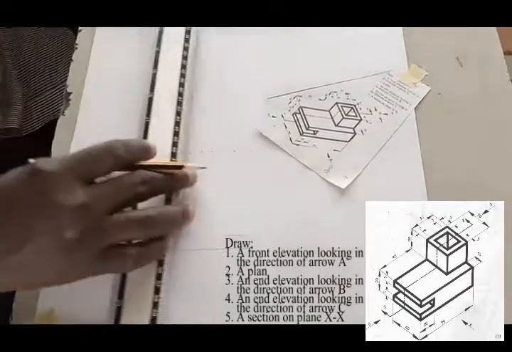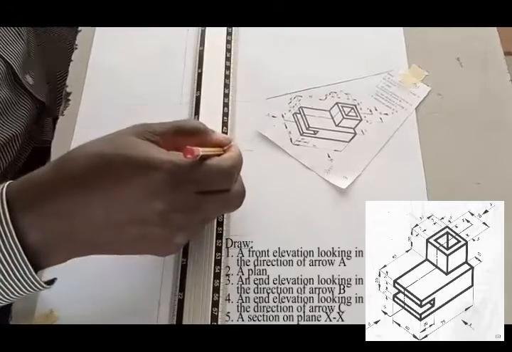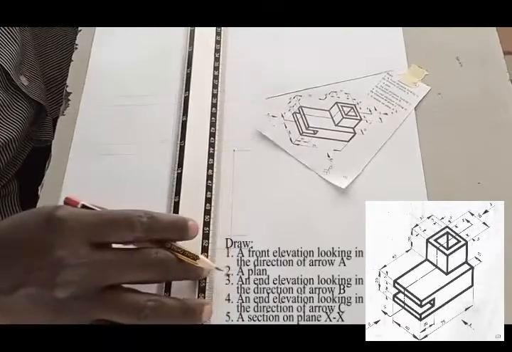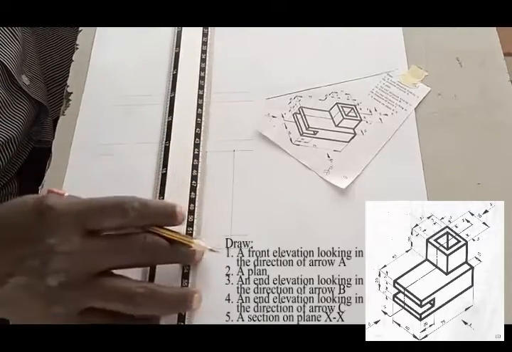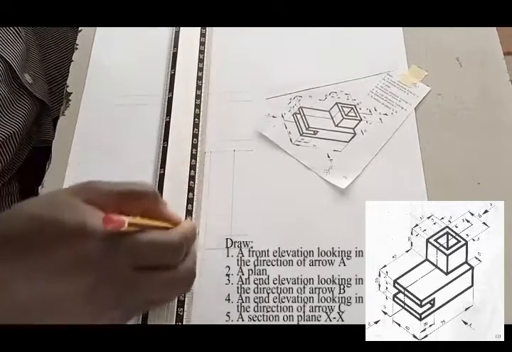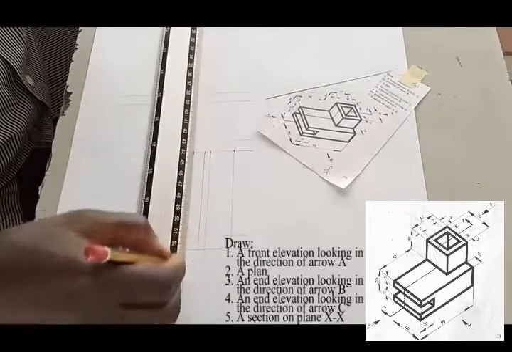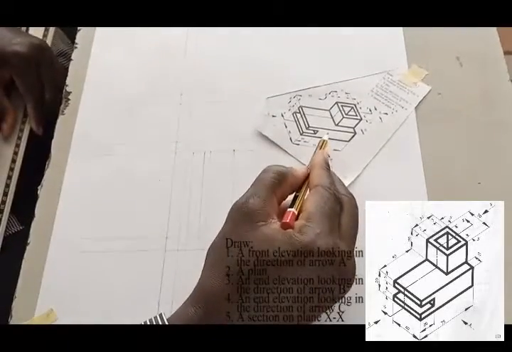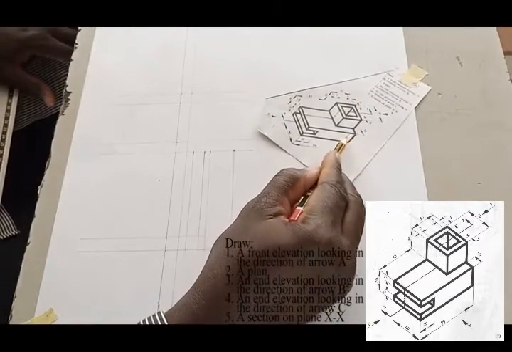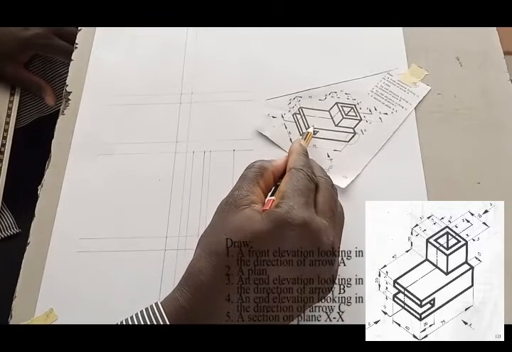Let us bring out these ones like this, this, and this. Now we are viewing from this side. That means this edge will be by your right, this side will be by your left.